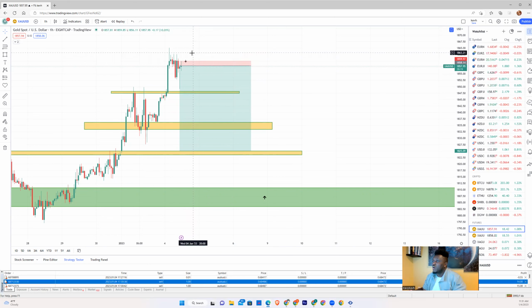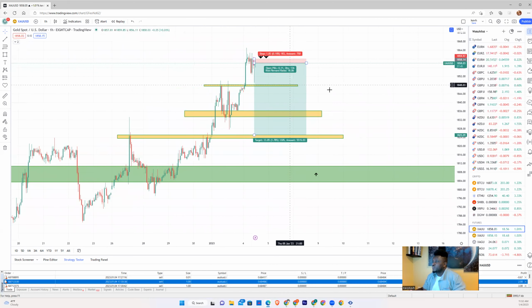So we are taking this pullback for now. Then we'll see how it plays out.